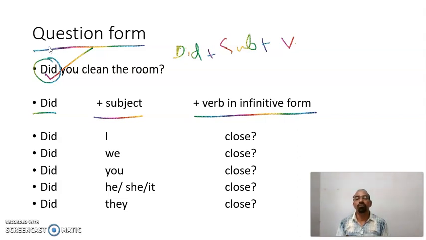Then we can form questions in the past simple. Did I close? Did we close? Did you close? Did he close? Did they close? So this is the way we can frame questions, simply by exchanging the subject and this did, the helping verb or auxiliary verb.